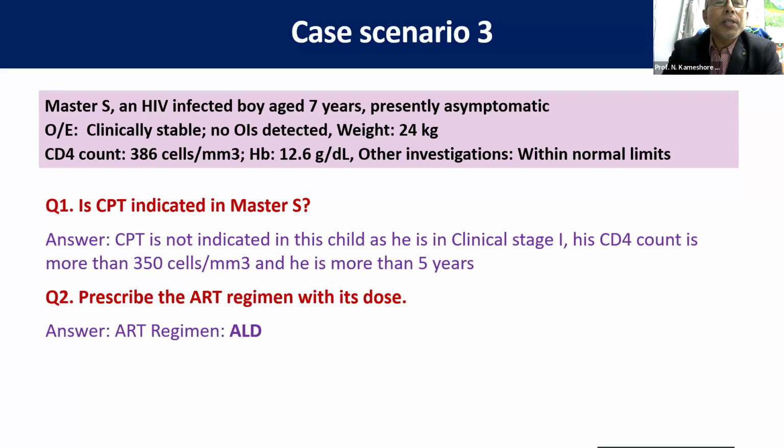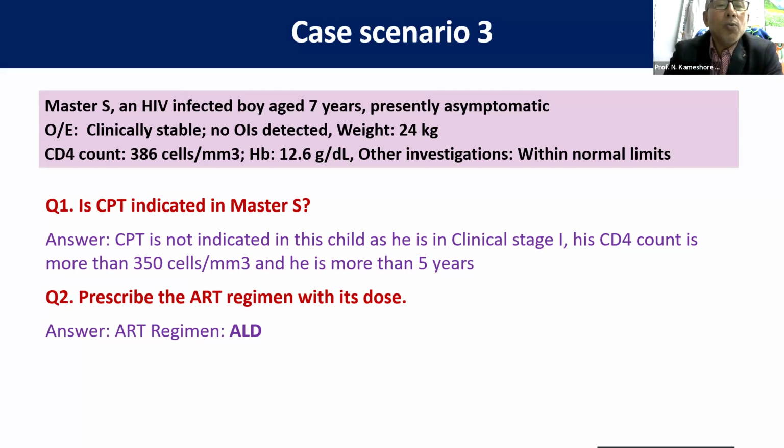The first question is, is CPT indicated in this Master S? No, because the age is more than 5 years and the CD4 count is more than 350. So he doesn't require CPT, and moreover, he is in clinical stage 1 of the WHO staging.